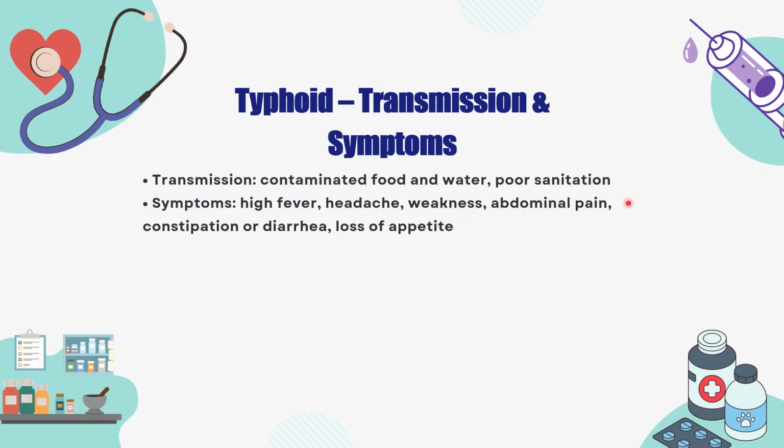Abdominal pain is seen since it affects the gastrointestinal tract. Constipation or diarrhea is seen, more commonly diarrhea. And there is also loss of appetite because it affects the gastrointestinal tract. In severe cases, blood is seen in stools.